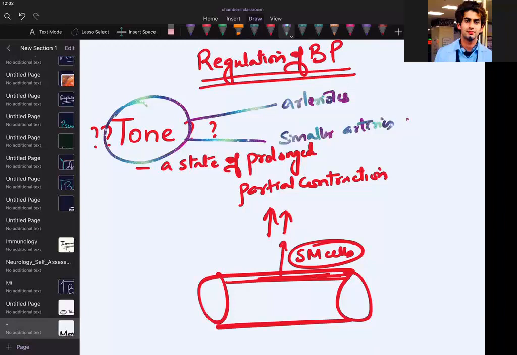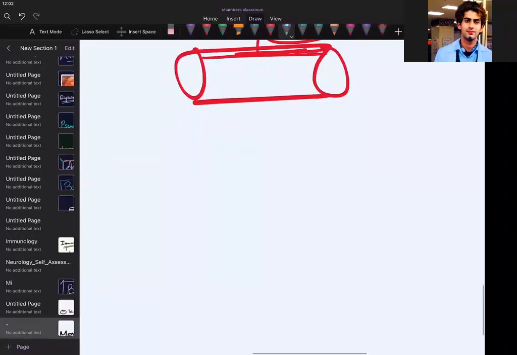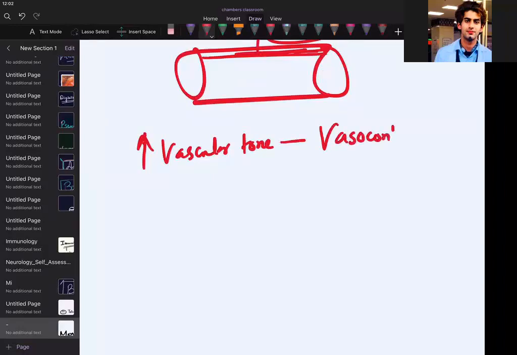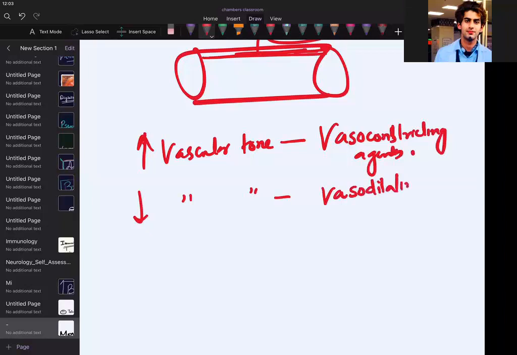Okay. So which things can increase the vascular tone? Vasoconstricting agents. Which things can decrease the vascular tone? Vasodilating agents.